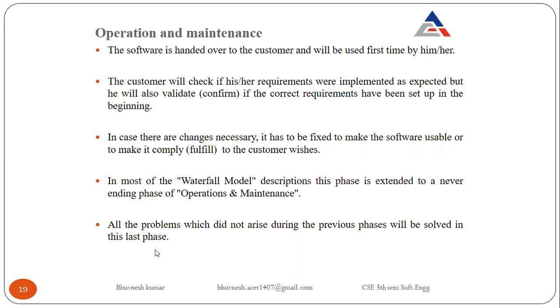All the problems that arise in the previous phases, because the waterfall model has the problem that there is no feedback concept, should be checked in the maintenance phase. That is why it is a phase that takes more effort.